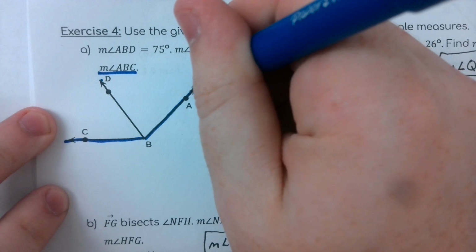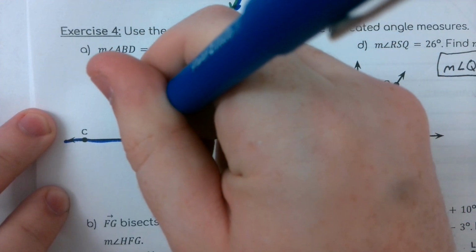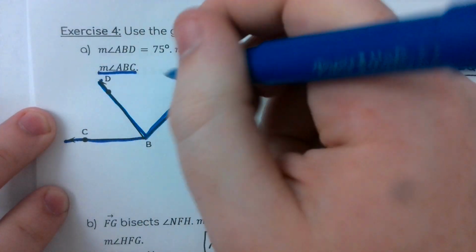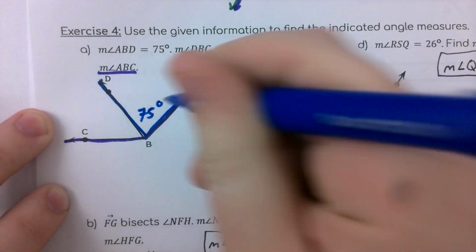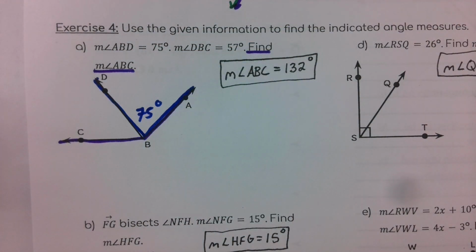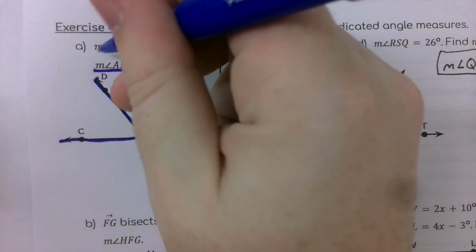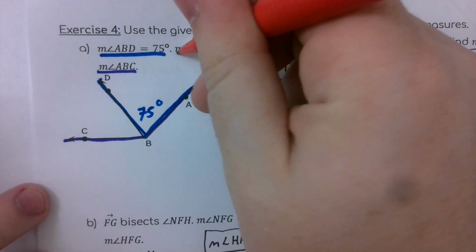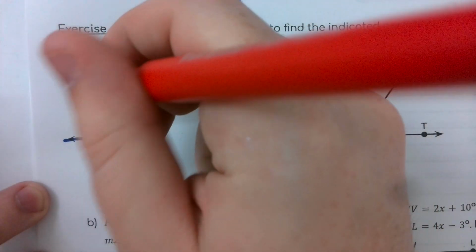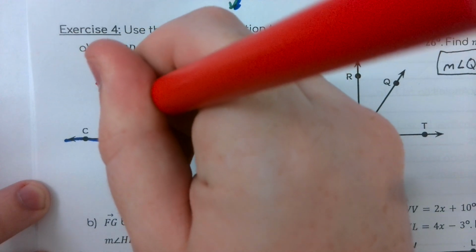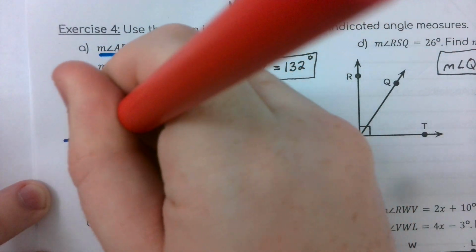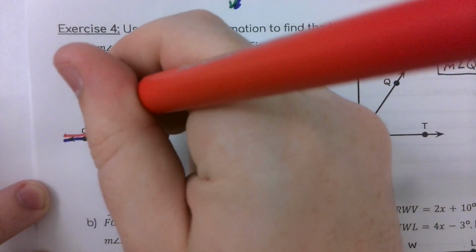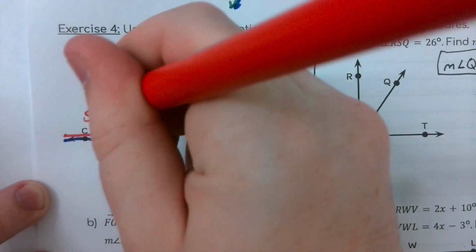ABD goes from A to B to D. So it's this blue angle. This one, it says, is 75 degrees. So I will underline that in blue so we know what we're talking about. DBC is 57 degrees. So DBC goes from D to B to C. It's this one right here. So that's 57 degrees.